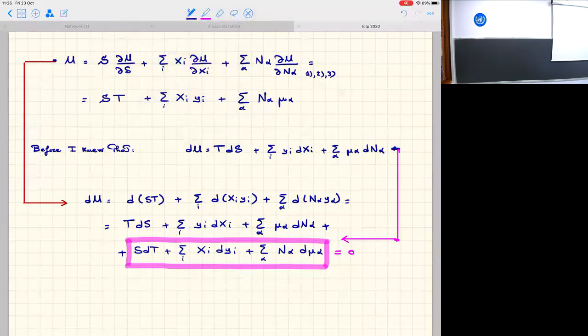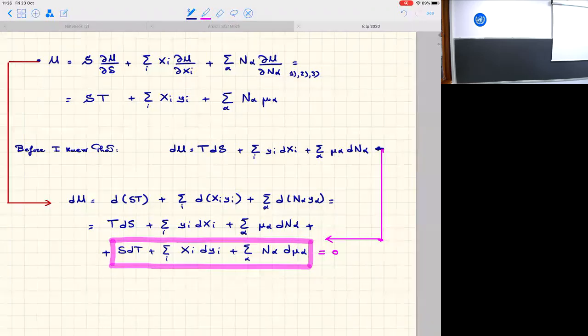Because it allows you to obtain formally derivatives of intensive variables with respect to other intensive variables in a simple manner. Suppose, for example, that I want to obtain the derivative of the pressure with respect to the chemical potential. So your problem requires you to find this derivative.